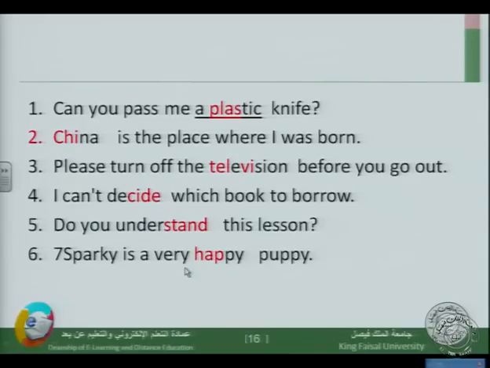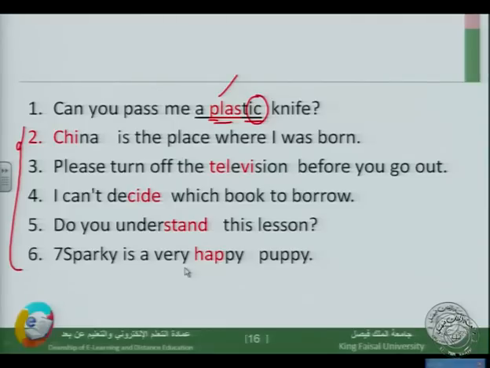For example, let us do this exercise together. I will just do one and I will leave the others for you. Can you pass me the plastic knife? Plastic knife. Plastic: we have two syllables, ending with IC. The stress should be on the first syllable. I want you to do 2, 3, 4, 5, and 6.